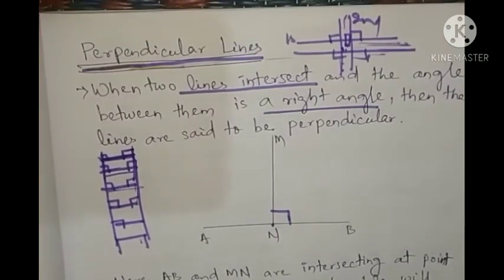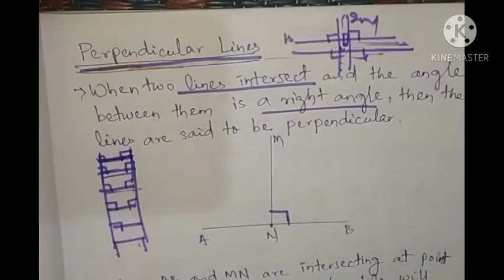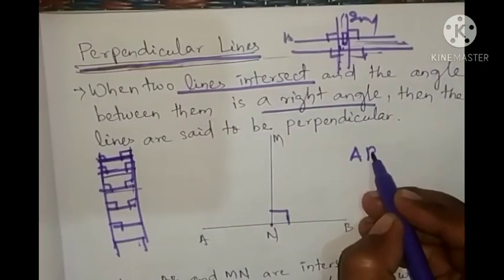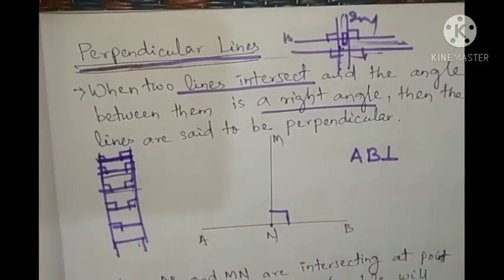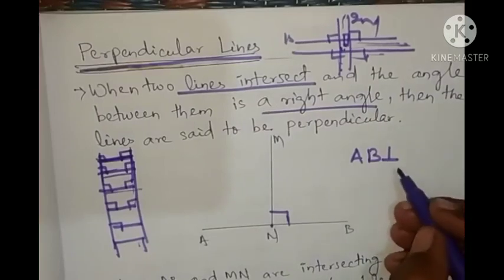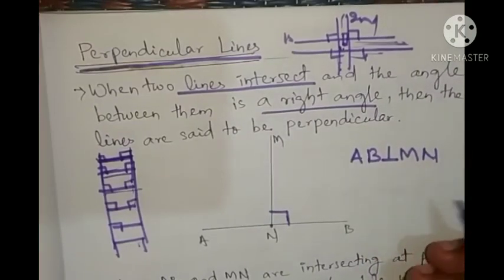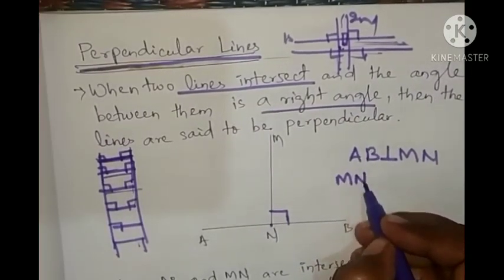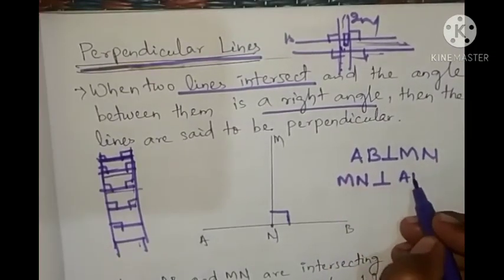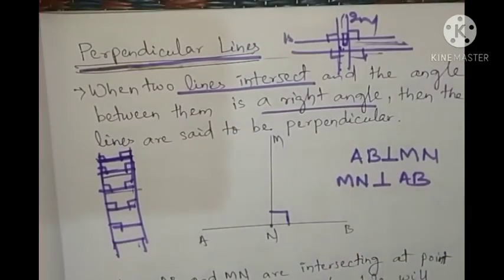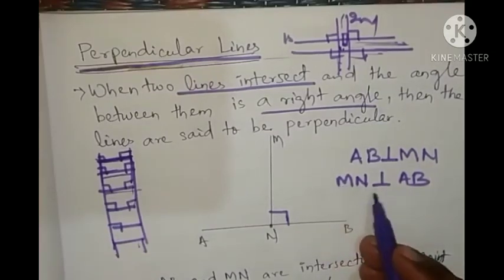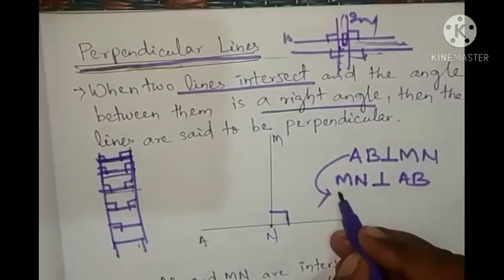AB perpendicular to MN, or otherwise we can write it as MN perpendicular to AB. And what will we read? AB is perpendicular to MN.